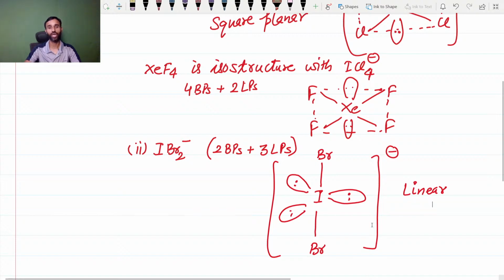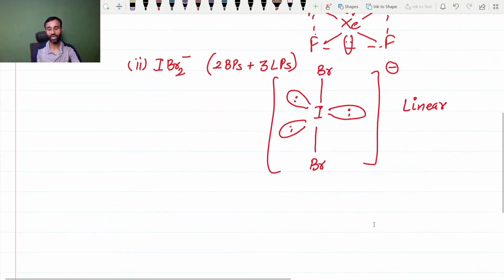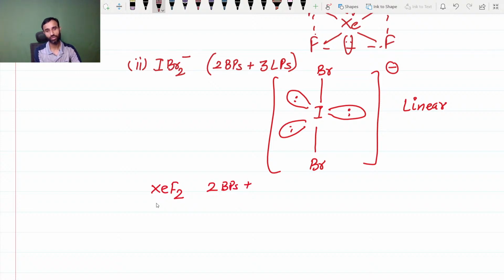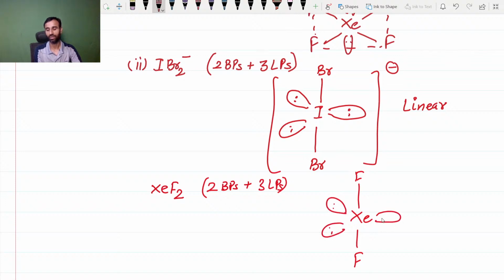XeF2 is isoelectronic with it. In XeF2, again there are 2 bond pairs. Xenon has 8 valence electrons. Out of 8, 2 are shared. So 6 are left, which means 3 lone pairs. So it is like this. That means this is linear.